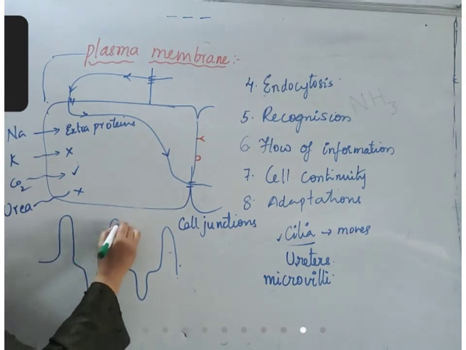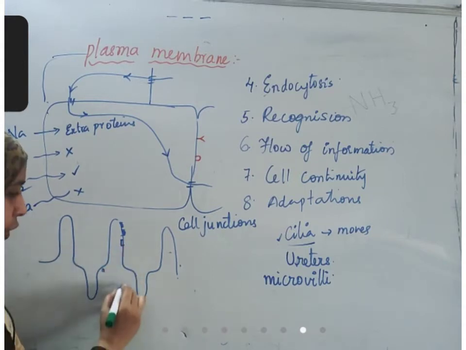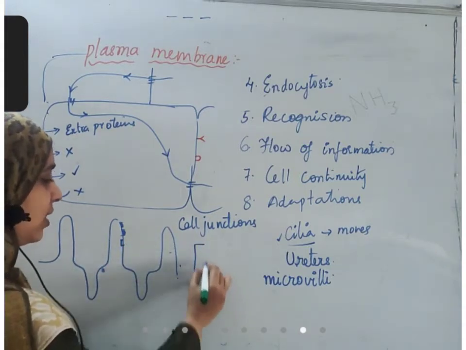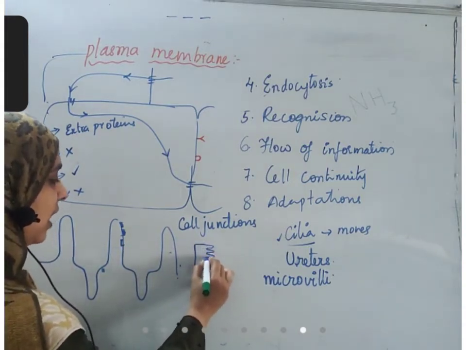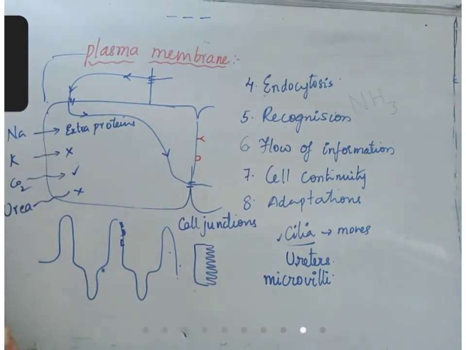Now here the plasma membranes of these cells will have again small folds like this. We'll take this one cell. If you draw here and observe, this one cell will have small folds like this. This is called microvillus. This is a modification of plasma membrane to increase the surface area.